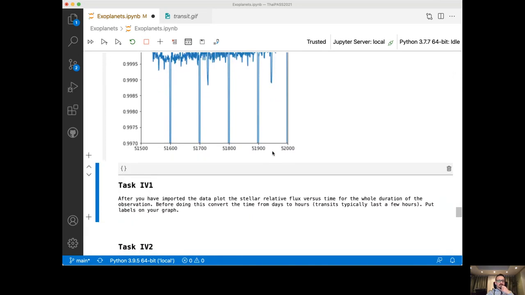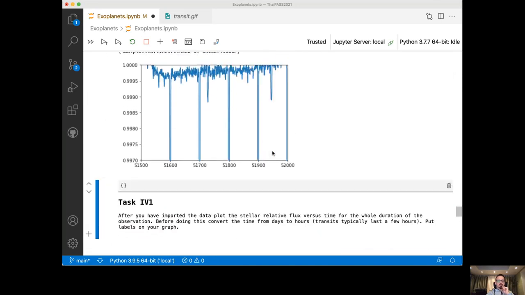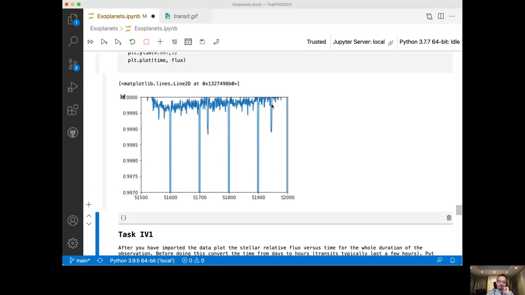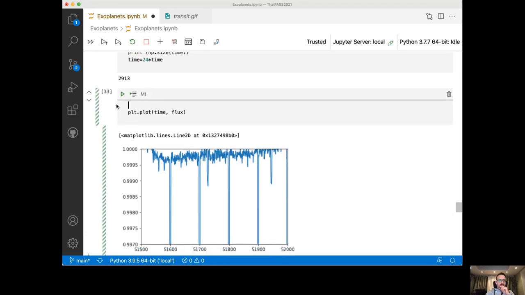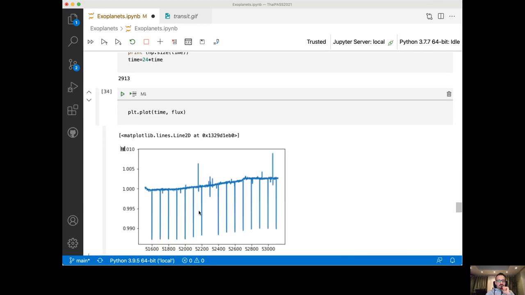So what you need to do for this task is to actually calculate the properties of the planets. You need to calculate the depth of the transit, and you calculate the period of the transit, so the time from this minimum to this minimum. And if I zoom out a little bit again, you will notice that the brightness of the star changes during this time of observation.